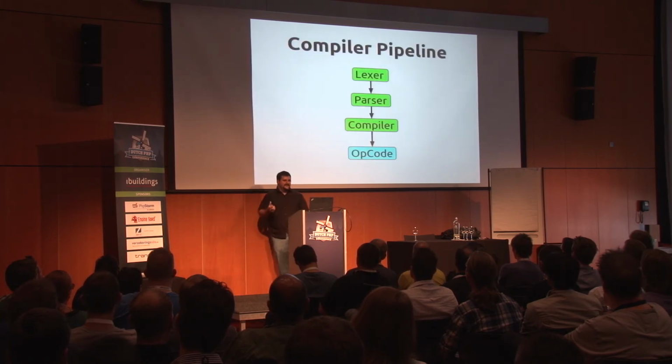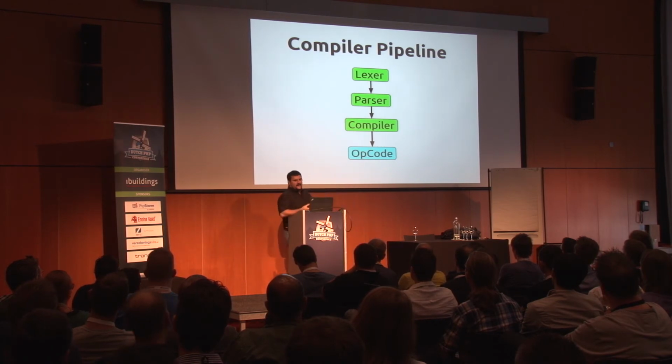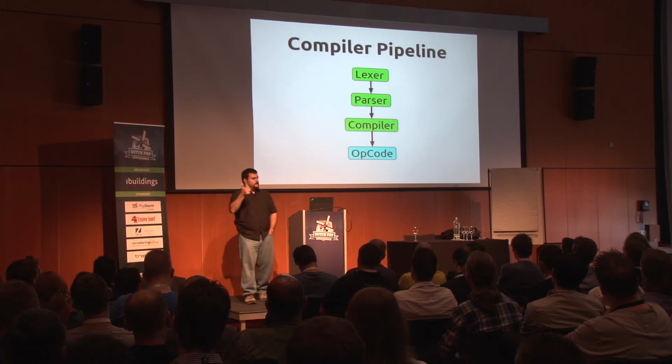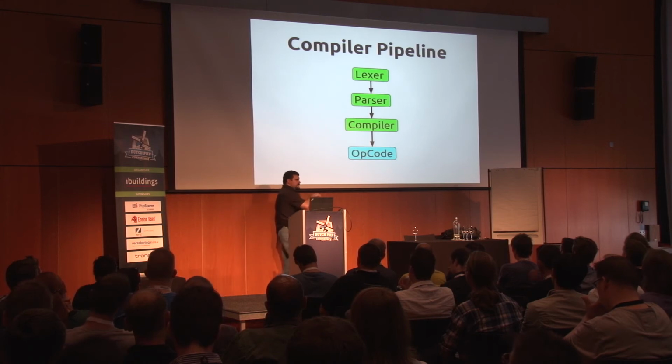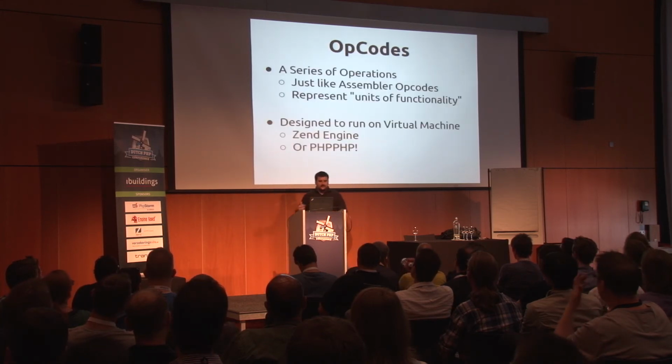And then finally, we get these funny little things called opcodes at the end. If you ever heard of an opcode cache, that's what is doing this. That's what this is using. And basically what that is, it's an operation code. It has a type, meaning what type of operation needs to be performed, and the inputs and the return value that it needs to go to. So it's just really a series of operations.